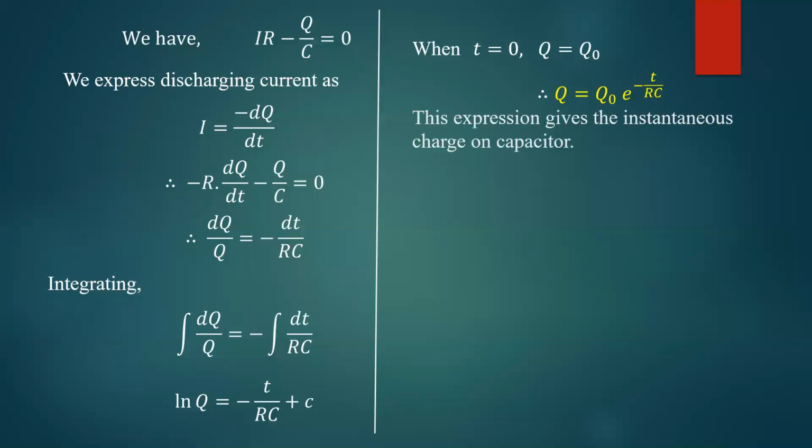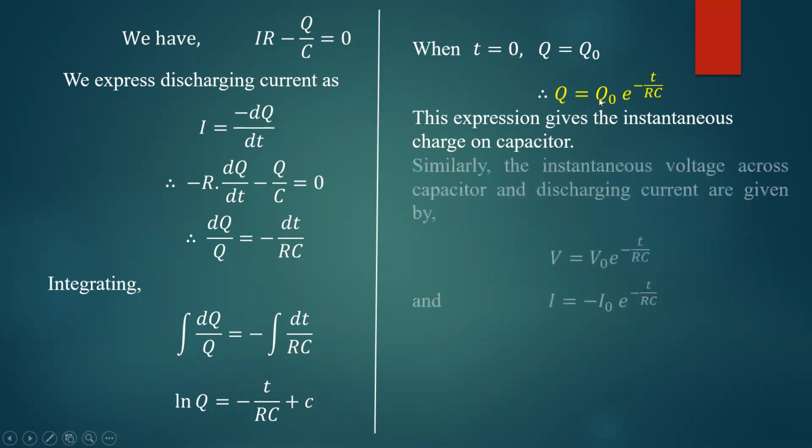But here you get q is equal to q naught into e to the power minus t by RC. So it shows that charge decreases with time. In charging, charge increases. In discharging, charge decreases. That is nothing but discharging, so the charge must decrease. That's why you get this particular equation. I will share the notes and you can observe that.